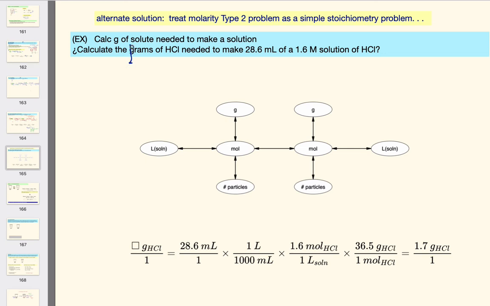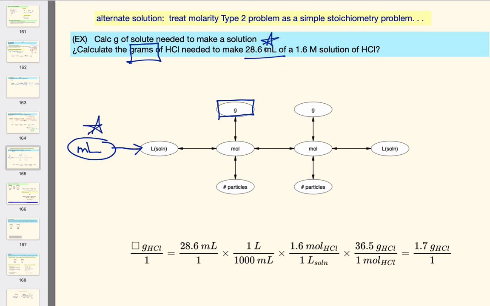Calculate the number of grams of HCl needed to make 28.6 milliliters. You notice now we have a new section to our grid, and that is liters of solution. Well, we have milliliters, so I'm going to back up just a little bit and put milliliters here. And this is going to be our starting point.